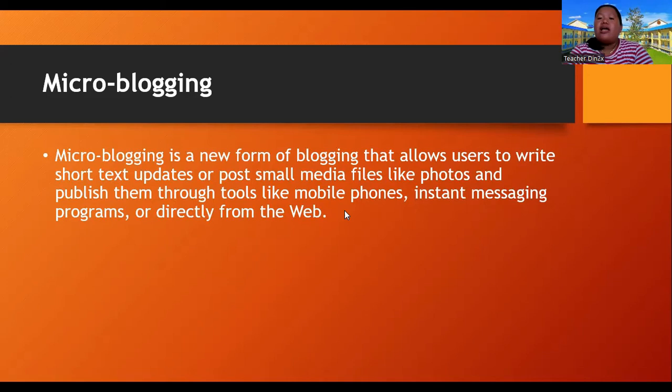So if you have a blog entry, you can just post the link there, right? It's just like Facebook that we use. You can put the link, etc., if you have a new update or new uploads.